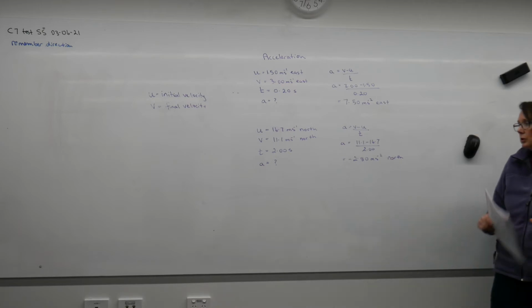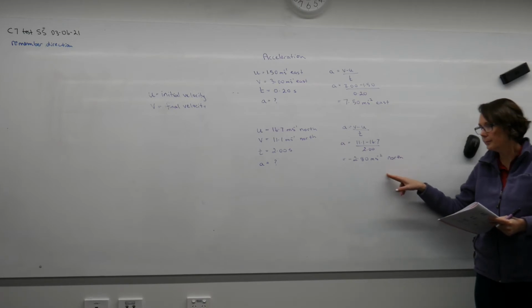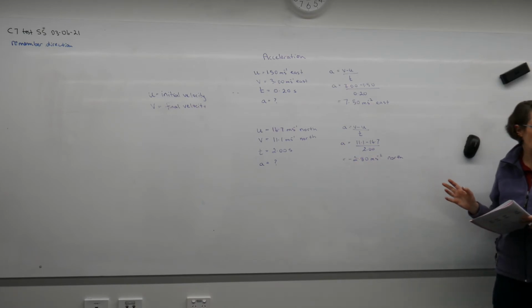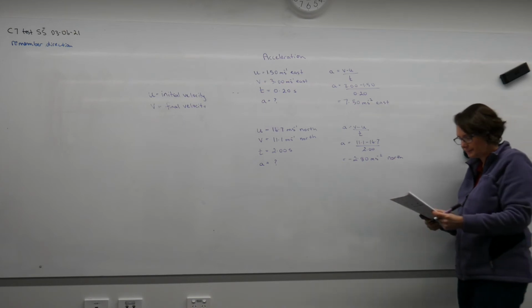So our direction's not south, it's negative north. Does that make sense? The other way we could write it would be as a positive value south. That means the same thing. Because your acceleration is positive, you're speeding up in the opposite direction if you like. But let's just stick with that.